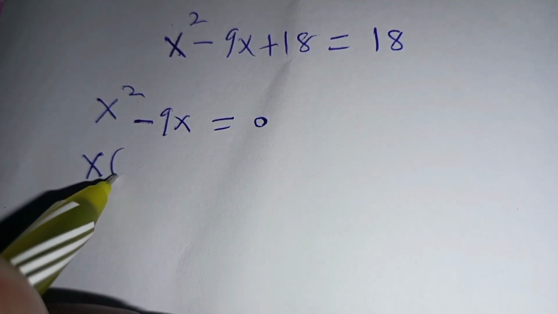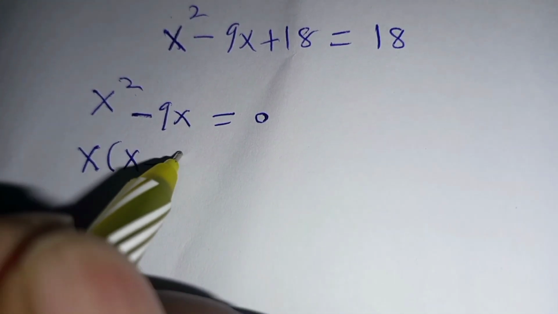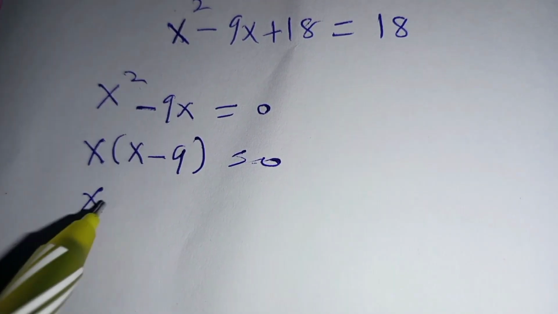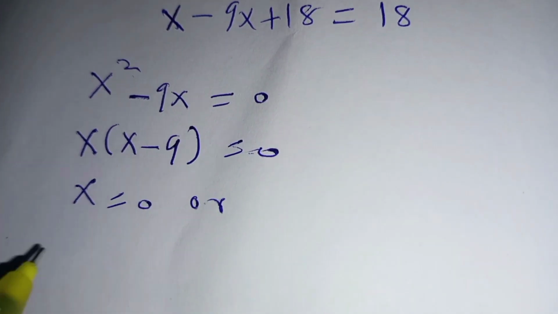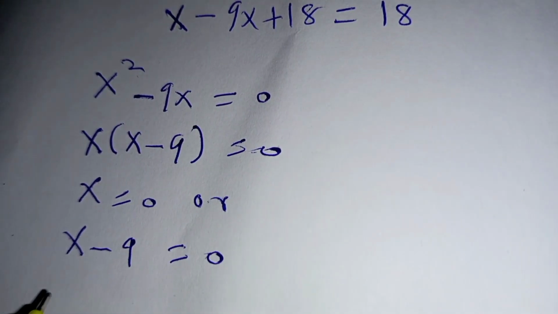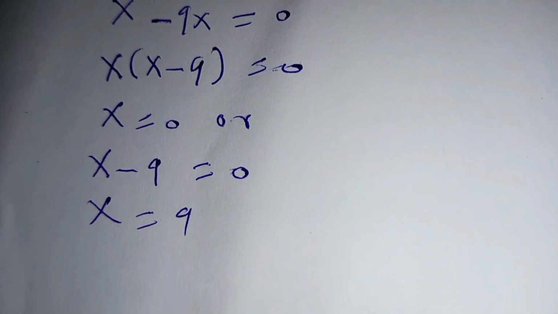Factorizing, x squared divided by x is x, and 9x divided by x is 9. So x times x minus 9 is equal to 0. It means x is equal to 0, or x minus 9 is equal to 0, so x is equal to 9, adding 9 to both sides.